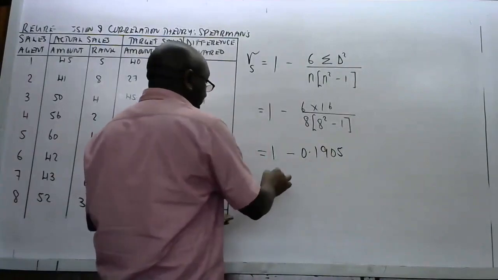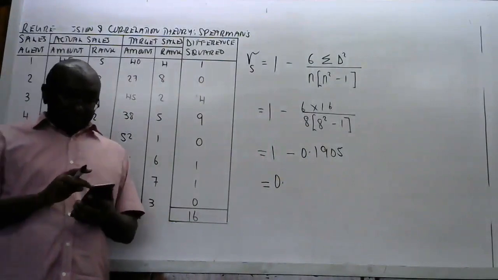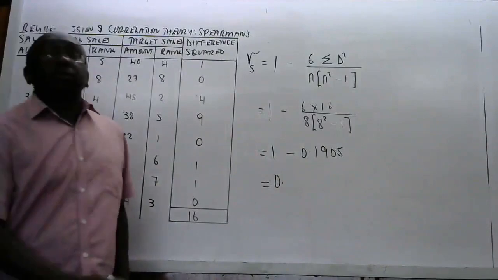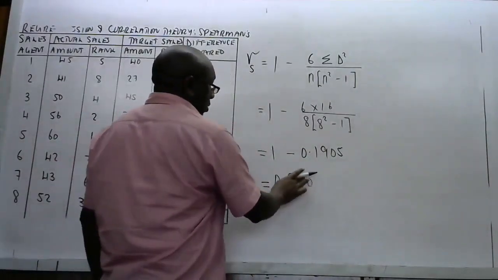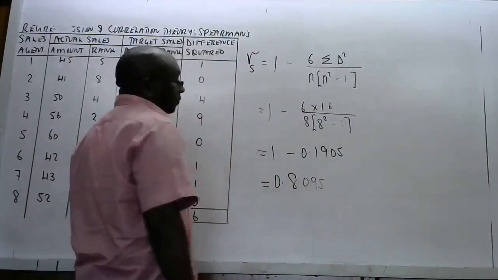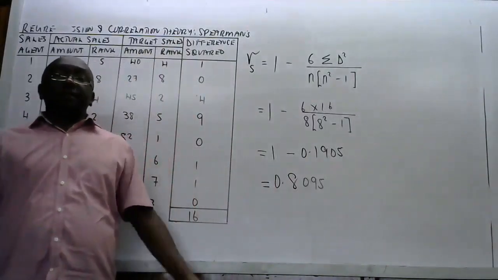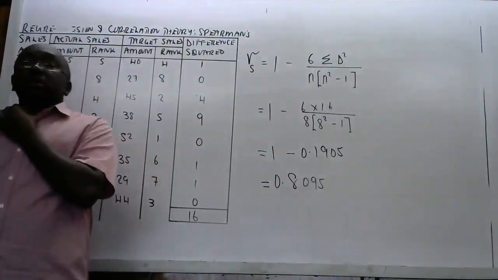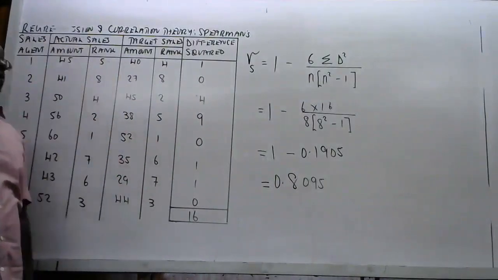0.1905. So finally, that is 0.8095. So the interpretation of that is that this shows a very strong relationship between target and actual sales.